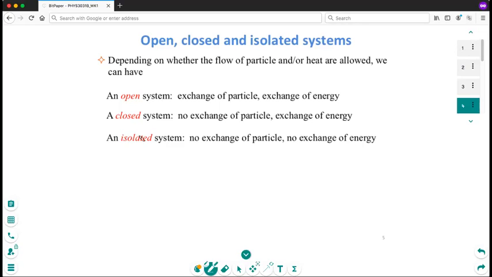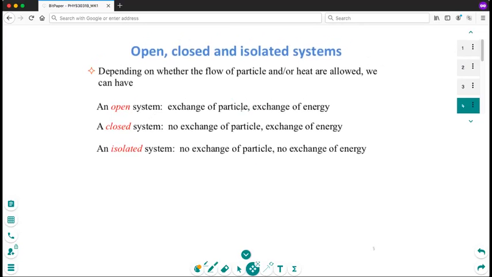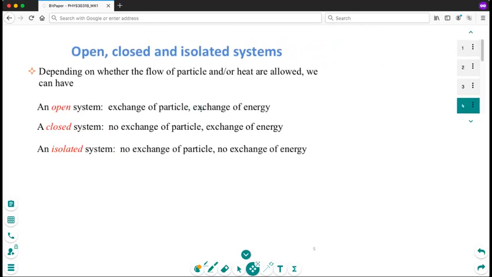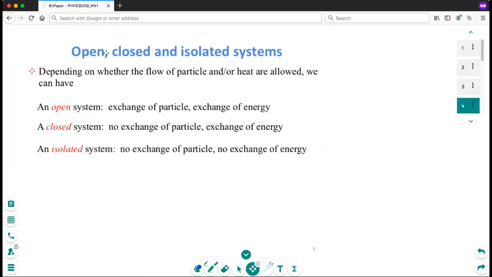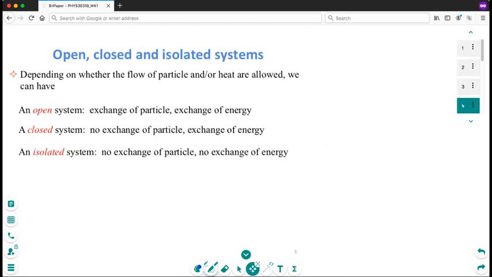So this might look very trivial. Indeed, it's not that difficult, but it's rather important. I will tell you why now. I'm going to draw this table. If you have an isolated system, what are the fixed parameters?